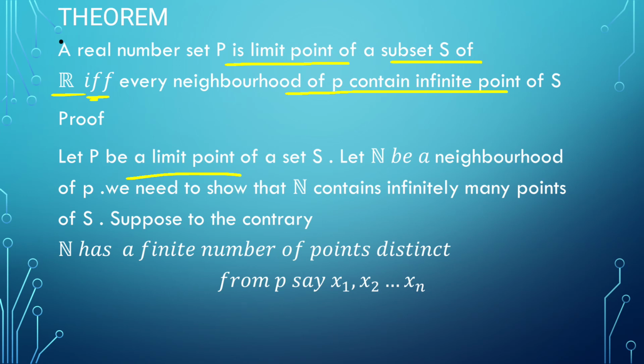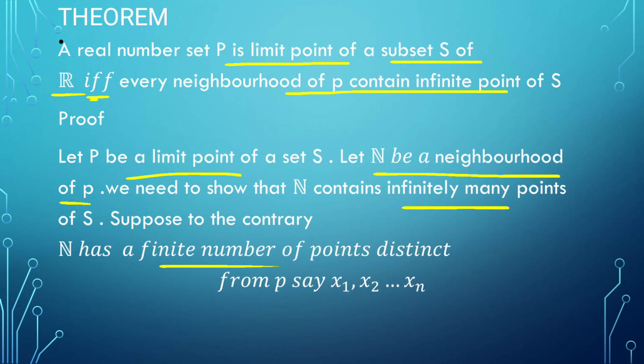If that is true, then what happens? We let N be a neighborhood of P, so you have to introduce that. We need to show that the neighborhood of P contains infinitely many points of S. Now, suppose to the contrary that N has a finite number of points. Here we are trying to prove by contradiction.